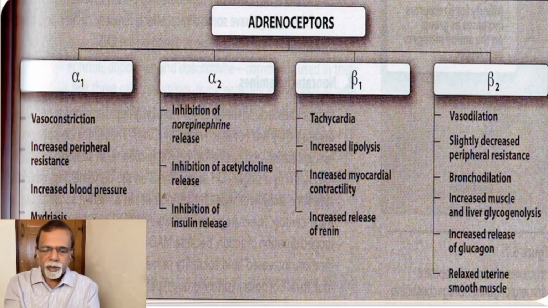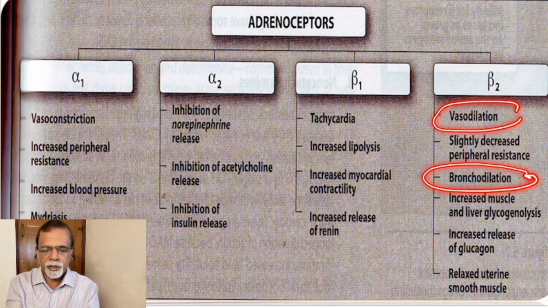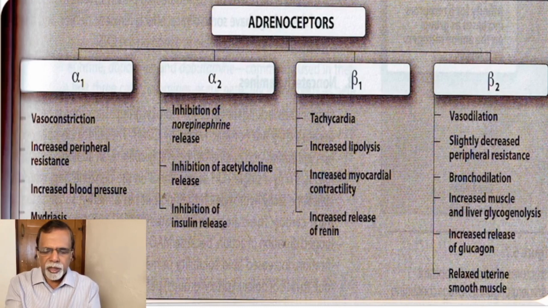Beta 2 stimulation is mainly, remember, bronchodilation. That is a major action. It also produces vasodilatation. Because of the vasodilatation, it can slightly reduce the peripheral resistance.